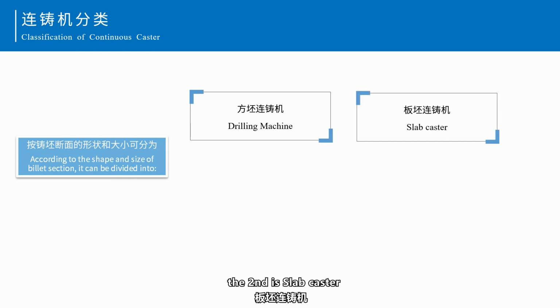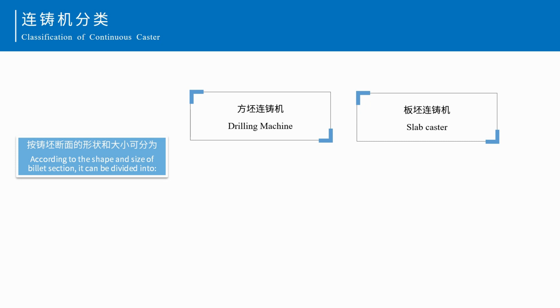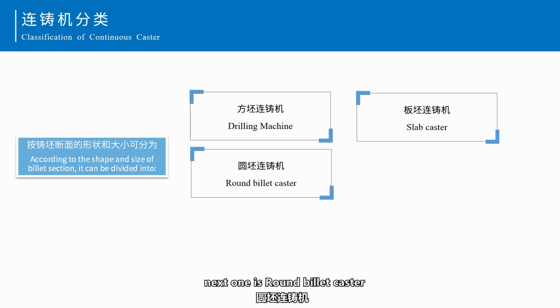The second is slab caster. It means the section of the slab is rectangular, and its width-thickness ratio is generally more than 3. Next one is round billet caster. It means the section of the billet is round with a diameter of 60 to 400 mm.